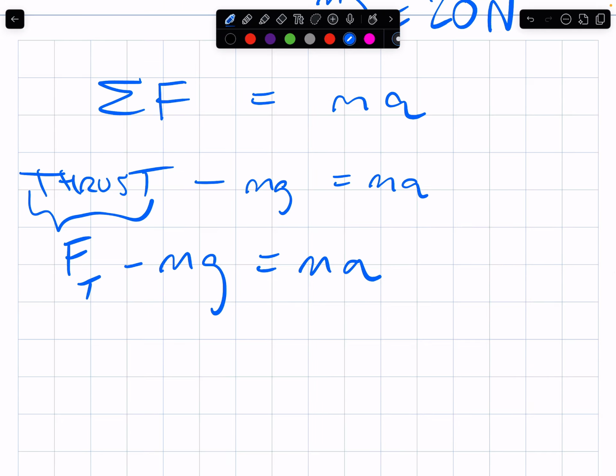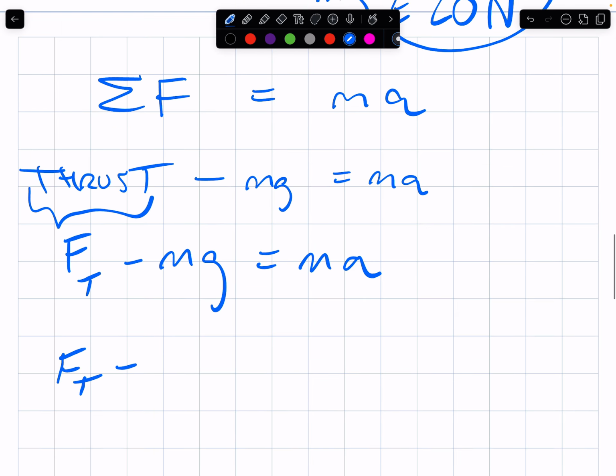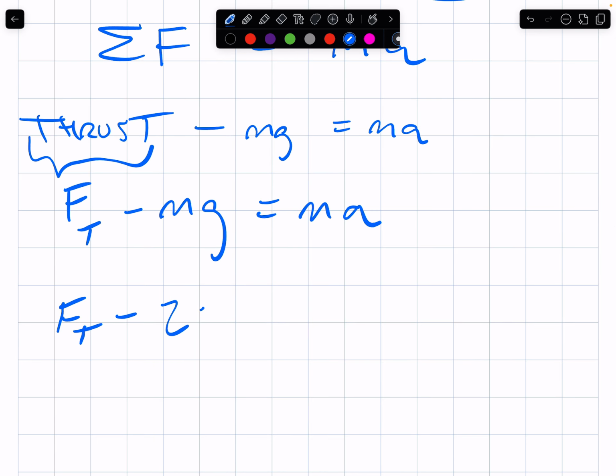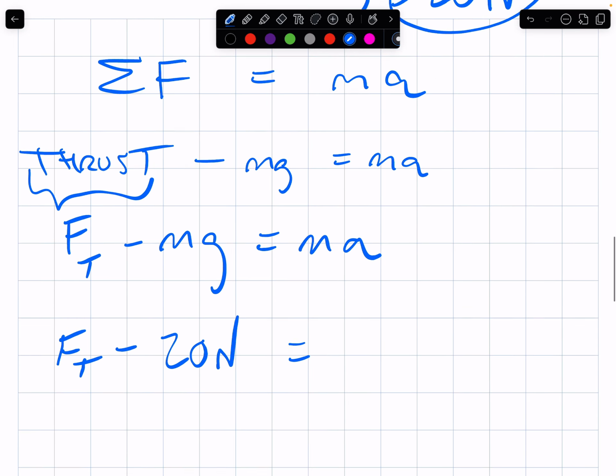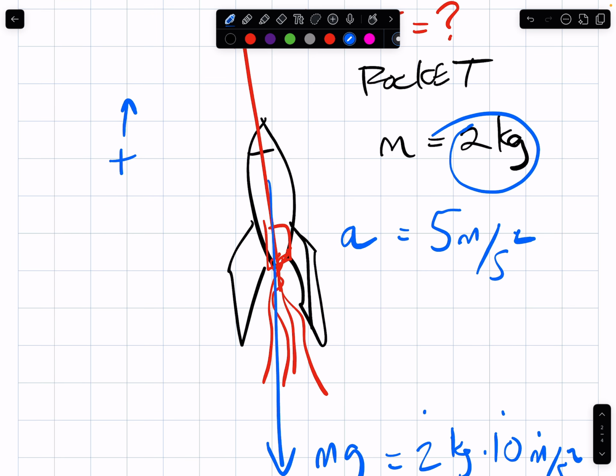So now we could put in some numbers if you want to. So F sub T, that's the thrust force, minus the weight of the rocket, it's 20 newtons, equals the mass of the rocket times its acceleration. So 2 kilograms times 5 meters per second squared.